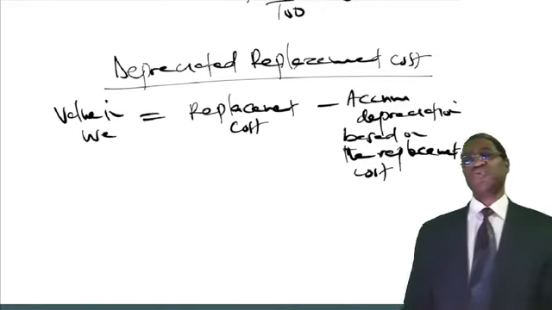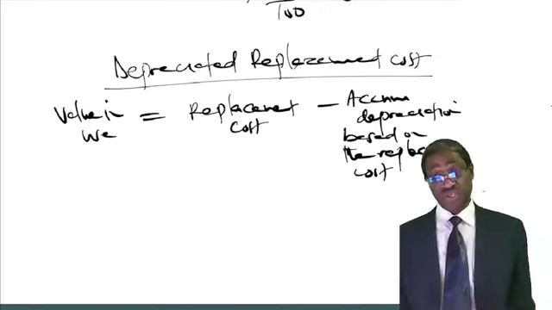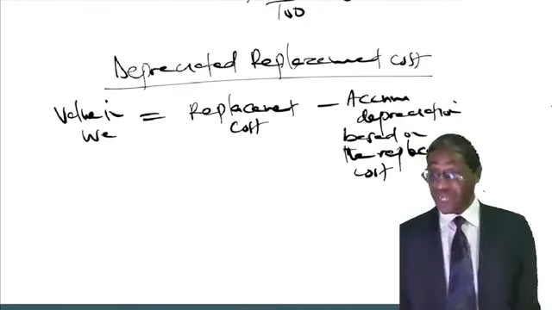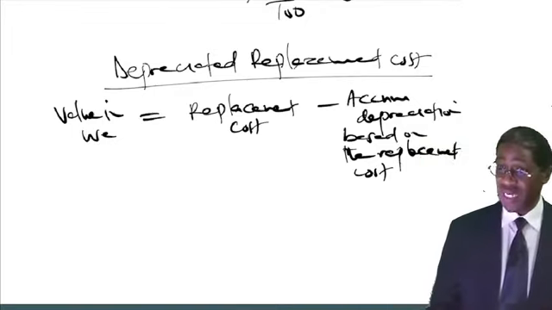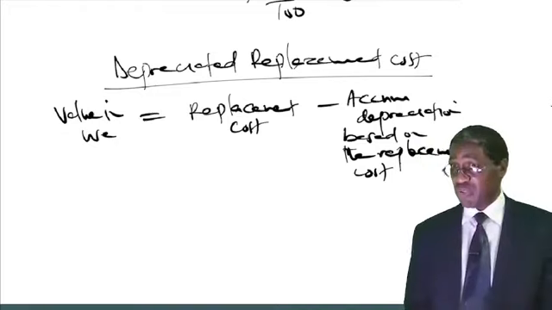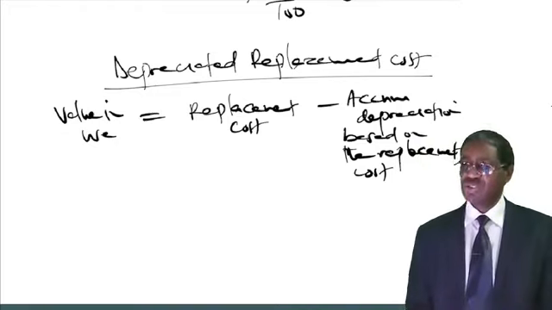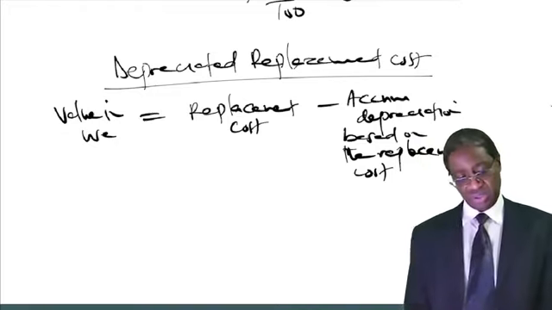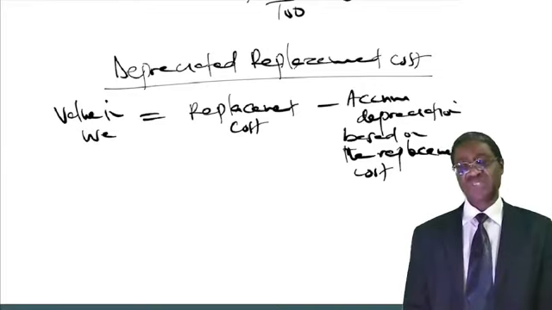See, to get the value in use using this method, take the replacement cost minus accumulated depreciation based on the replacement cost. Okay? Good. Finish.